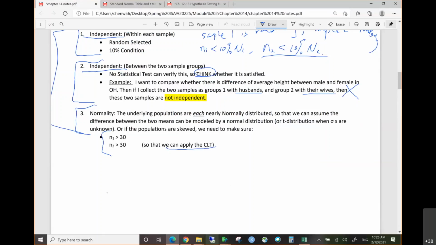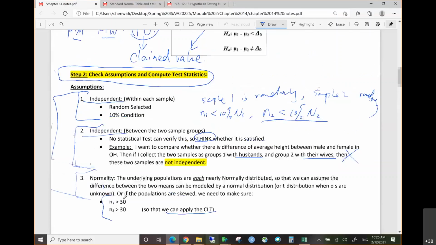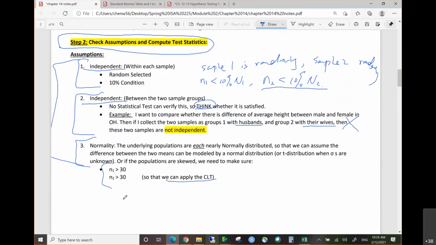Got an idea? All right, so now think about the assumption part. We have one more assumption. We have the independent assumption, which is exactly the same as what we did before. We just need to check twice, once for each sample, right? In the end, we have another independent assumption. We need to check whether these two samples are independent of each other.